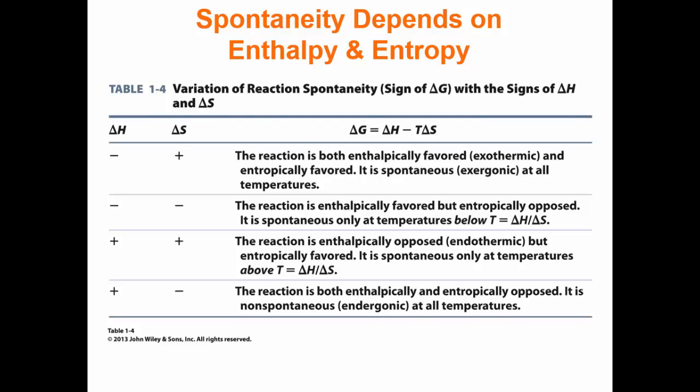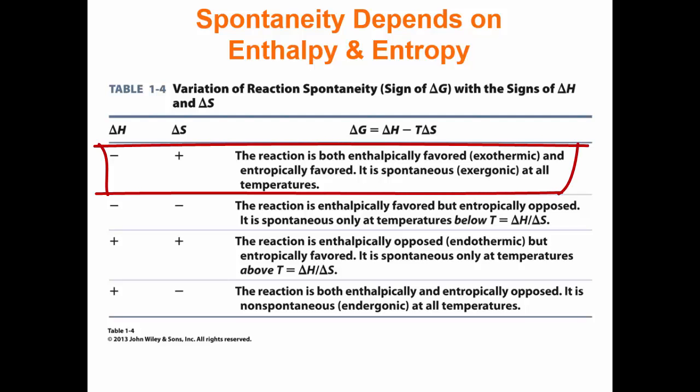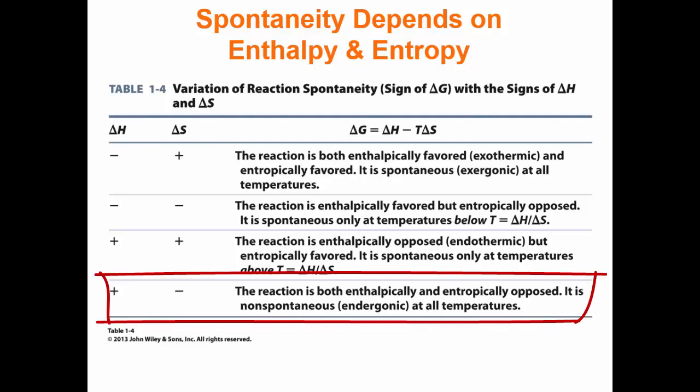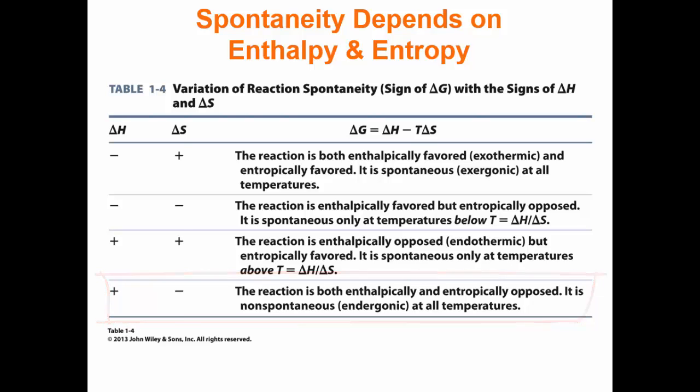For instance, if a reaction is both exothermic and increases in entropy, the reaction is always favorable and spontaneous because mathematically delta G is always negative. Conversely, if a reaction is endothermic and decreases in entropy, then the reaction is always non-spontaneous because delta G is always positive.